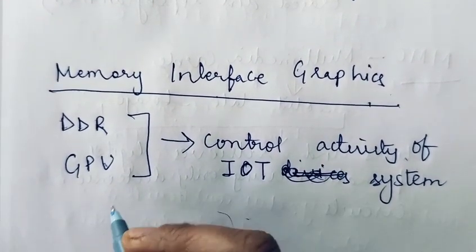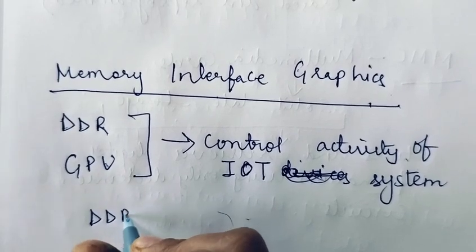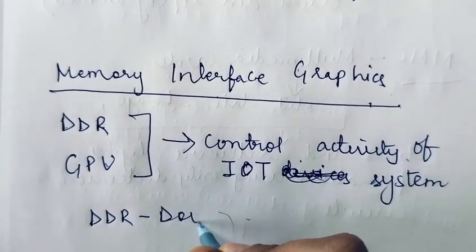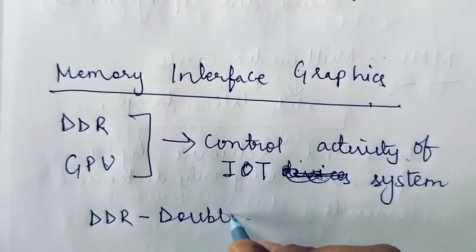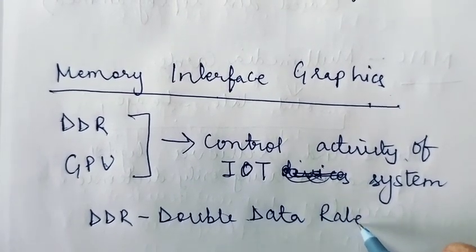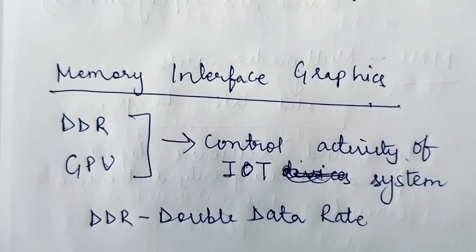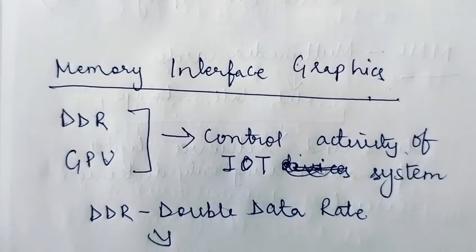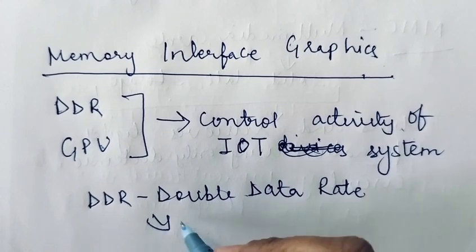The full form of DDR is double data rate. Double data rate. That means the speed at which the data can be transmitted.